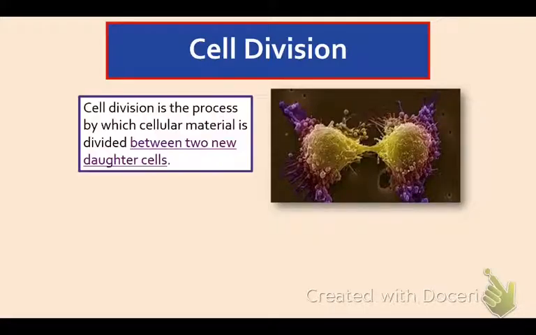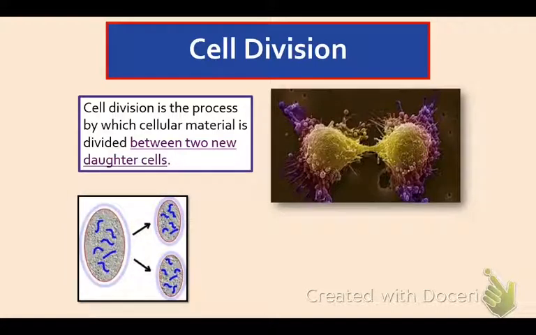Cell division is the process by which cellular material is divided between two new daughter cells. It kind of looks like this: you have one parent cell which gets split into two daughter cells.